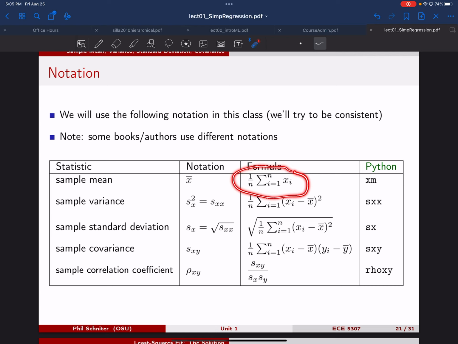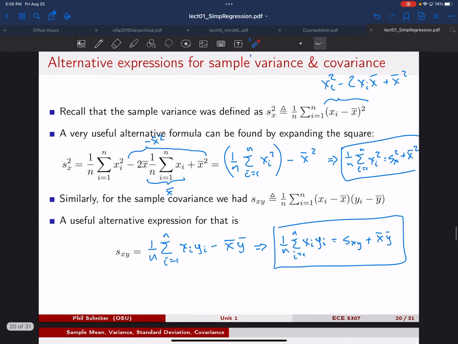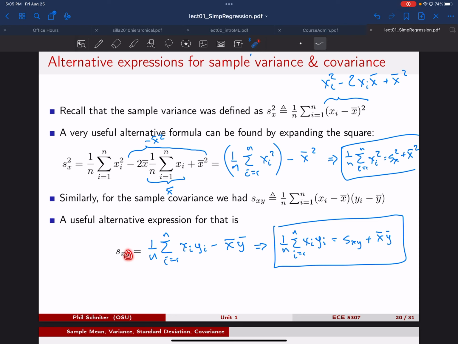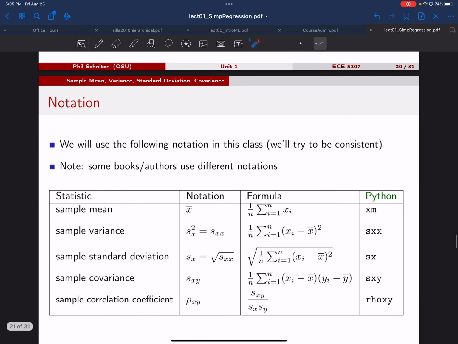The formula is just this averaging sum of xi, and in Python, we call this xm. Sample variance, we can write it 2 different ways. We can write it sx squared, or as we just saw, we can write it as x double x because that is consistent. If I replace these y variables with another x, then all of this becomes identical to this.